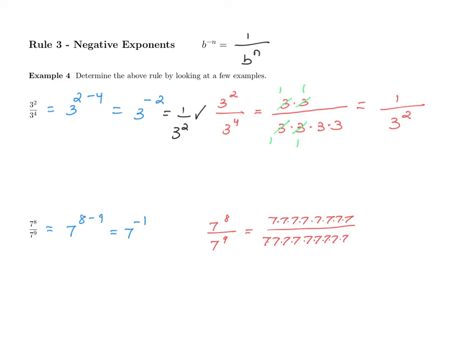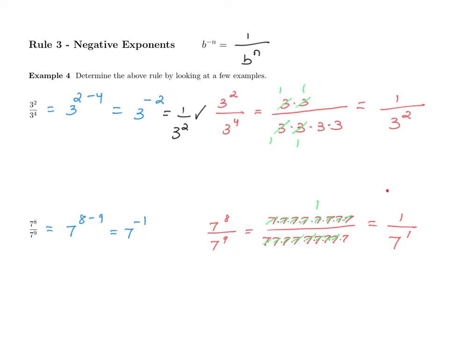You can cancel all but 1. So all of these cancel, and exactly 1 is left over in the denominator, and we have 1 over 7 to the first.